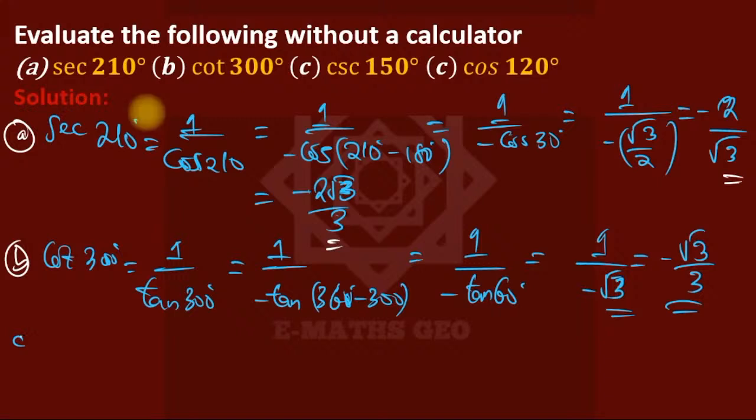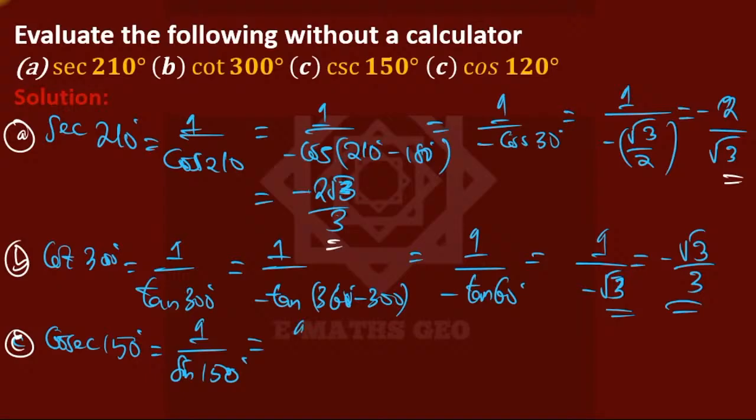For the third part we have to do cosec. Cosecant 150. But remember, cosec is 1 over sine. Since we are in the second quadrant, sine is still positive.